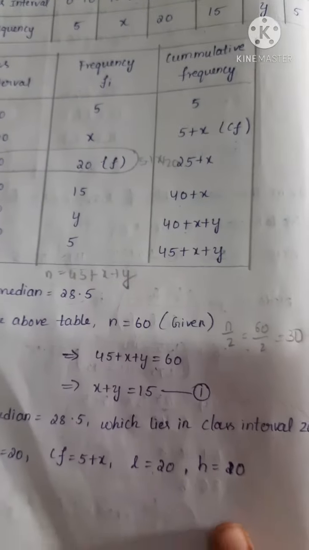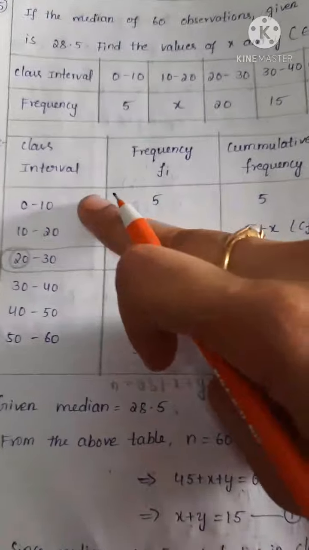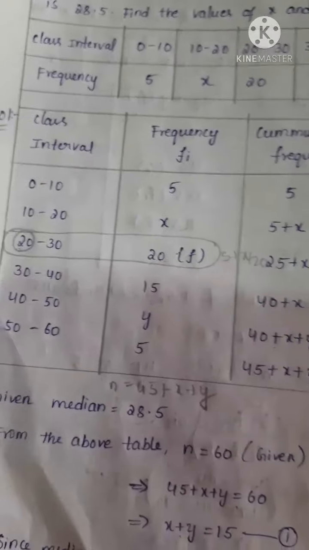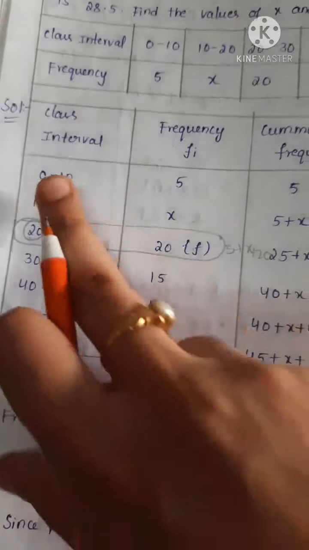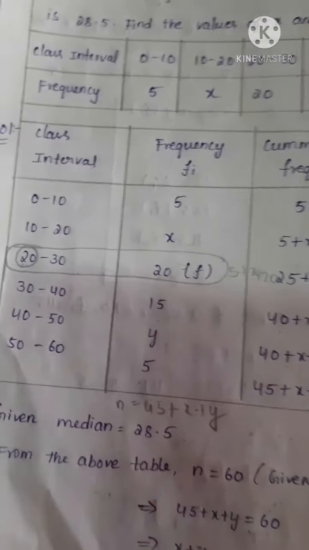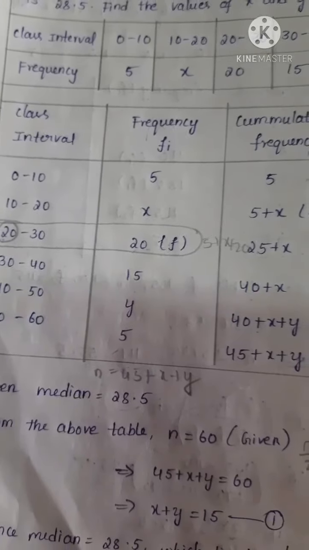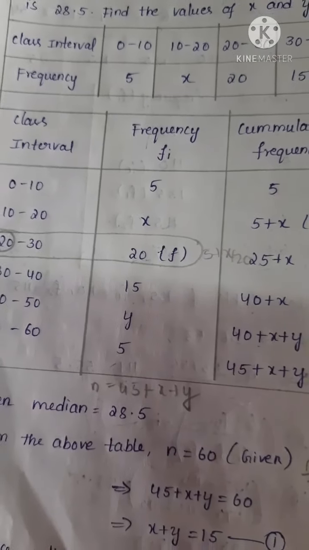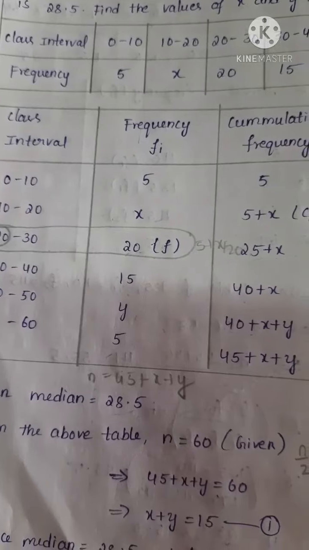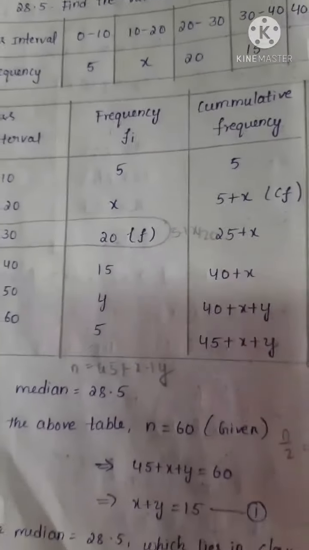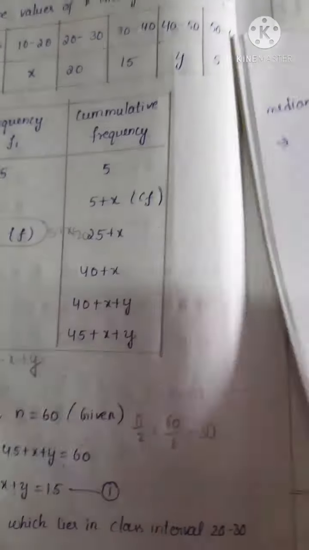Here you have to remember one point: the h value of 10 is the difference of upper and lower limits only for exclusive classes. Exclusive class intervals means continuous class intervals. Suppose the class intervals are not continuous, you have to take the average of the previous class's upper limit and the next class's lower limit. For the next problem I will explain that one.